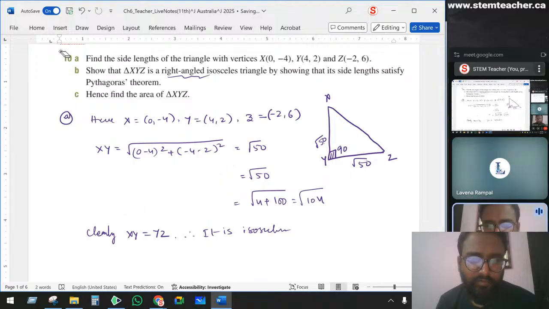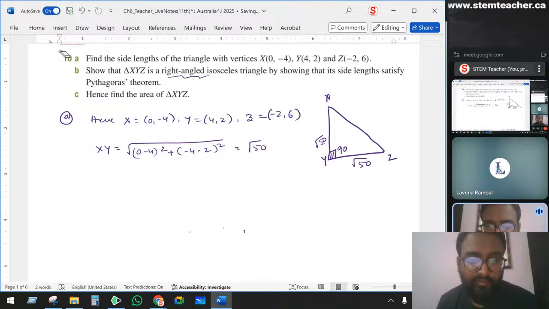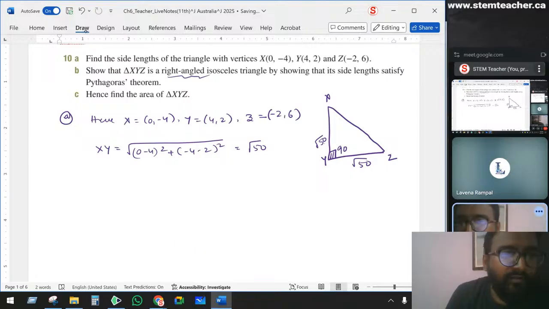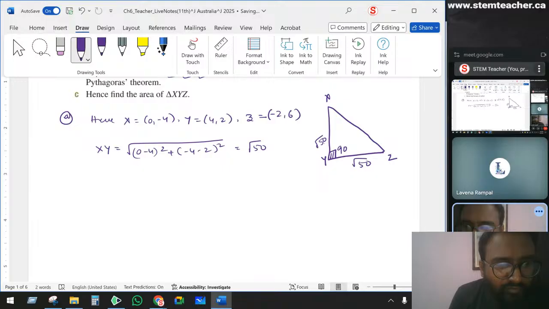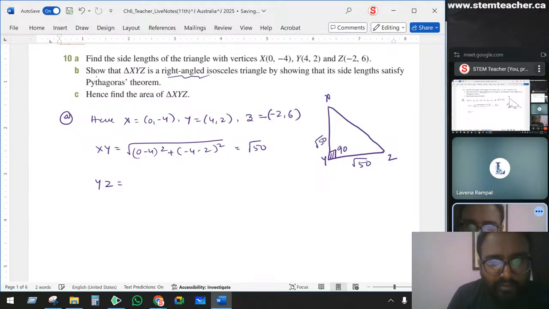These are the common mistakes. We found one is square root 50, so automatically the other should also give the same answer, otherwise we might have made mistakes. So what is my mistake here? YZ is 4 minus of minus 4 plus 2 whole square plus 2 minus 6 whole square.